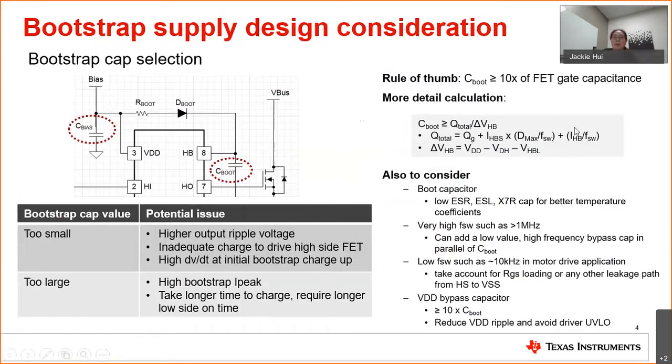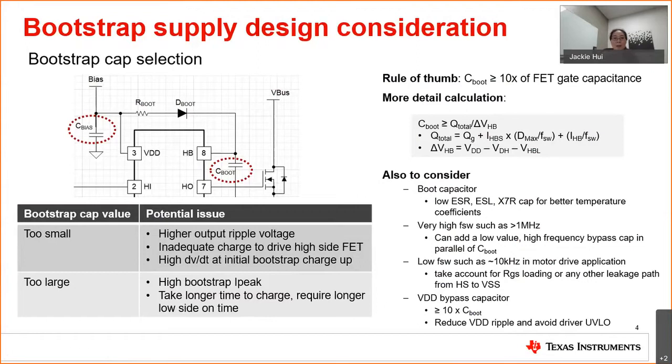It also takes into account the quiescent current of the driver, as well as the leakage current of the driver, and of course the gate capacitance of the MOSFET. It also looks into the HB pin UVLO, because you do not want the boot cap to deplete below the UVLO threshold, because that will turn off the output. So if you follow these equations, it will basically help you to calculate the minimum value you should use for the bootstrap cap.